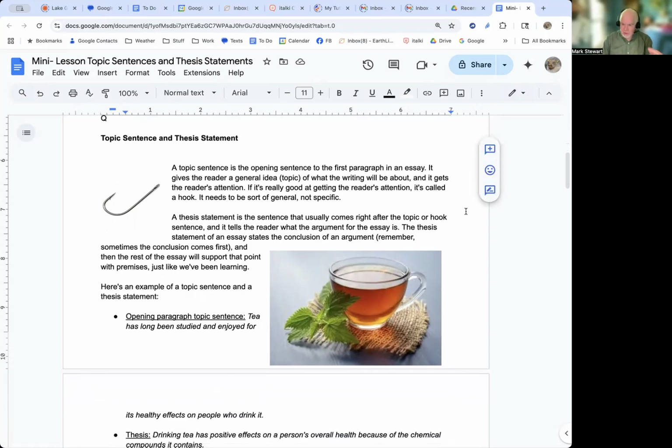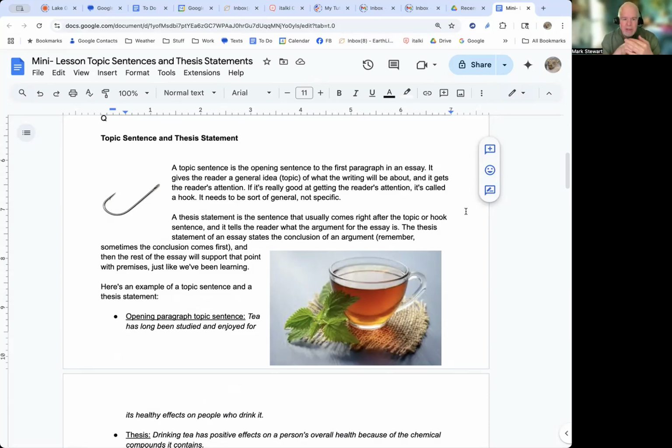So, topic sentences and thesis statements. A topic sentence is the opening sentence to the first paragraph in an essay. It gives the reader a general idea of what the essay is going to be about, and ideally, it gets the reader's attention. It needs to be general. You're not making your argument usually in the topic sentence. A thesis statement is a sentence that usually comes right after that introductory sentence that hopefully gets the reader's attention.